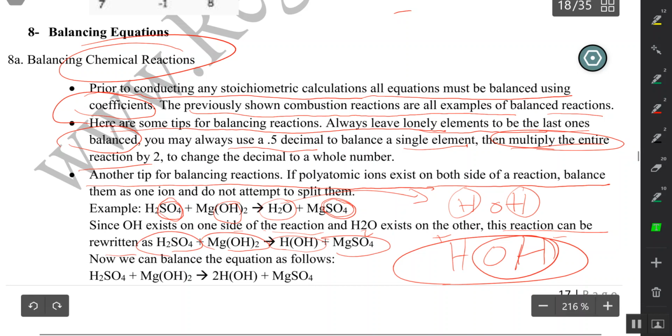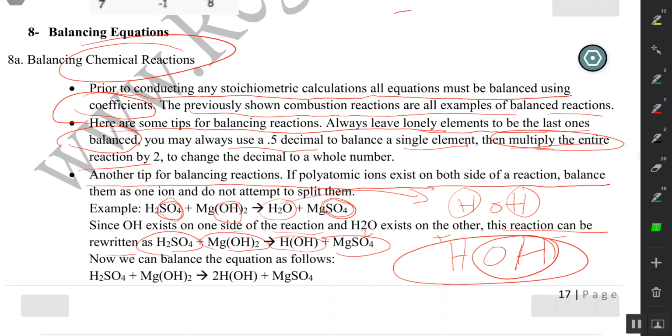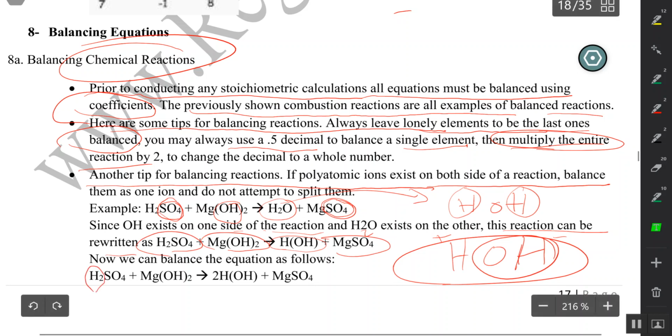Now we can balance this reaction as follows. As we can see here, there are two H's on the left side of the arrow, and initially there was only one H. So I put a coefficient 2. Remember, we use coefficients to balance chemical reactions. So I put the coefficient 2 right here, so I can have two H's.